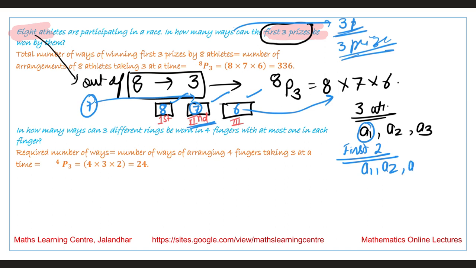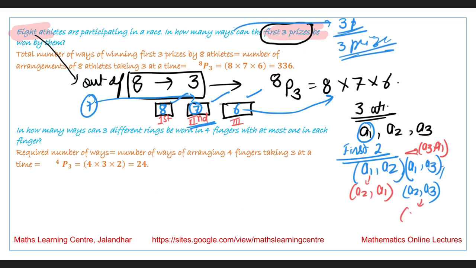That is the first option. The second option is A1 first, A3 second. The third option is A2 first and A3 second. Similarly, A2 first and A1 second, A3 first and A1 second, and A3 first and A2 second. So the total number of ways is 6.